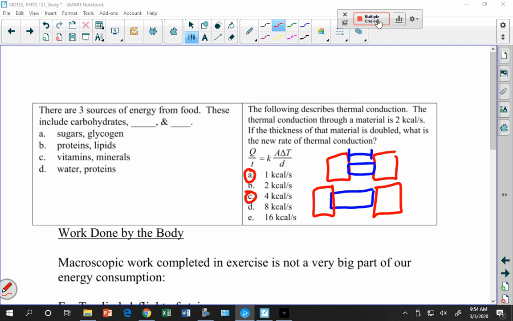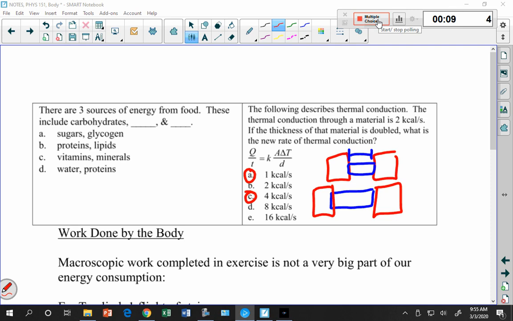So say I'm standing some distance from a fire. I put a length of a metal rod into the fire. And there's a certain rate of thermal conduction where energy is going from the fire up the rod and up to my hands. And so I can feel the warmth in the rod that I'm holding. But what happens if I double the length of that rod?